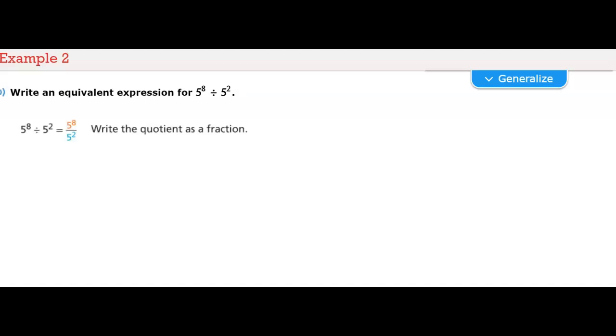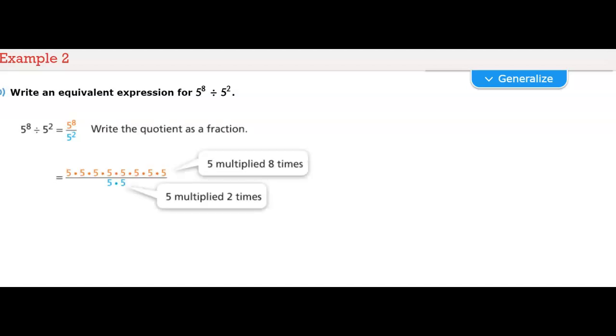5 to the 8th power divided by 5 squared. Write the quotient as a fraction. Then you see how many times they're multiplied in the expanded form. Then you see that 5/5 is equal to 1, so those are, in a sense, canceled out.